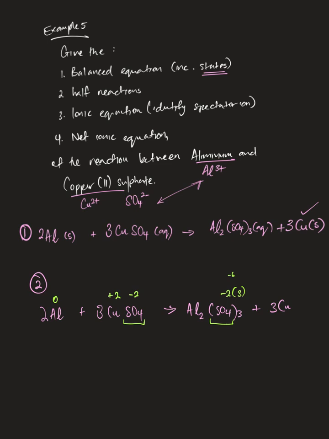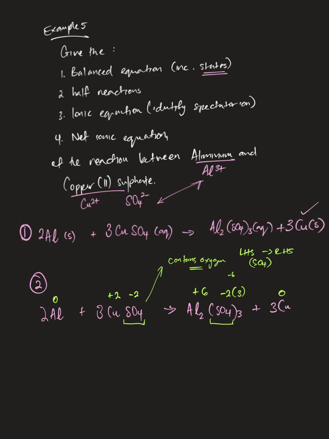So to balance that out, the aluminium has to be +6. The reason I kept the SO4 together is because it contains oxygen, and it's all about the oxygen. Because on the left hand side and the right hand side the SO4 remains intact, I'm then left with copper over there at 0.